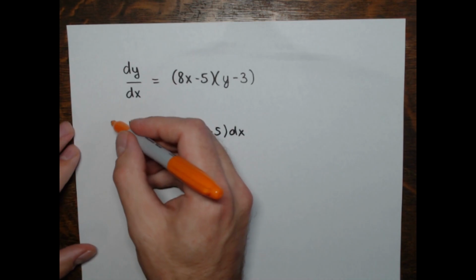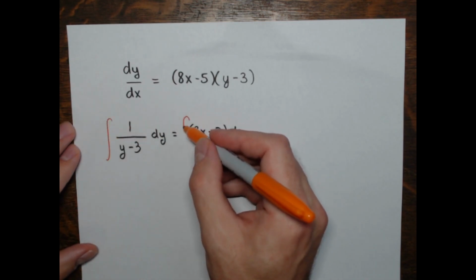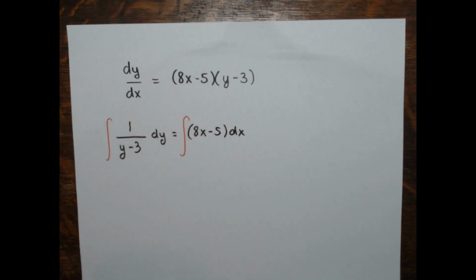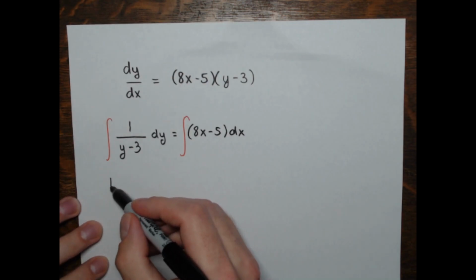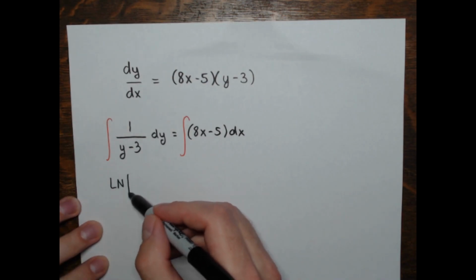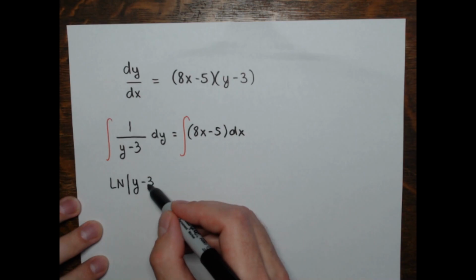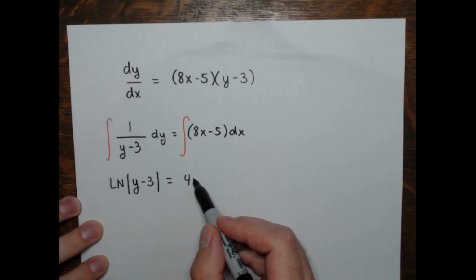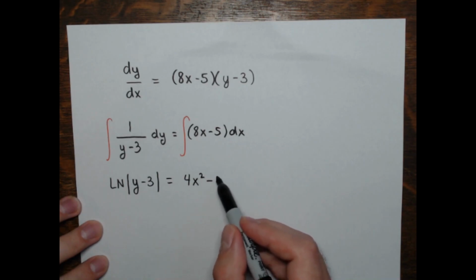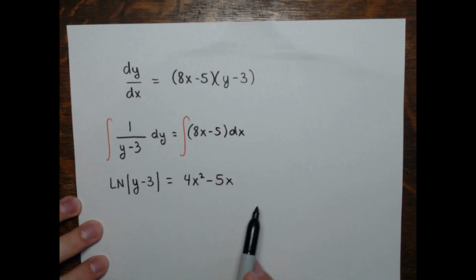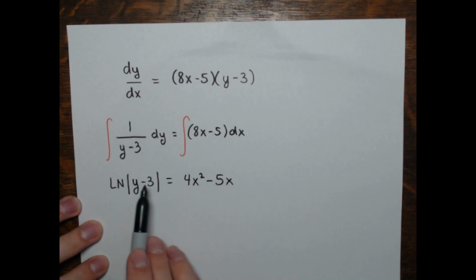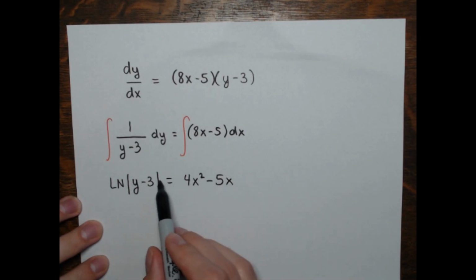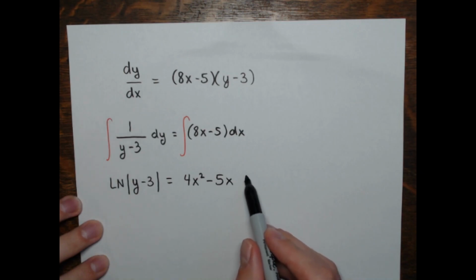Now we integrate. After the variable separation, I do the indefinite integral of both sides. Left side, I have the natural log of the absolute value of y minus 3. And then the right side, we have 4x squared minus 5x. And like I was saying before, you can put plus constant on both sides, but really it's unnecessary because you can just subtract a constant and get a constant on just one of the sides.